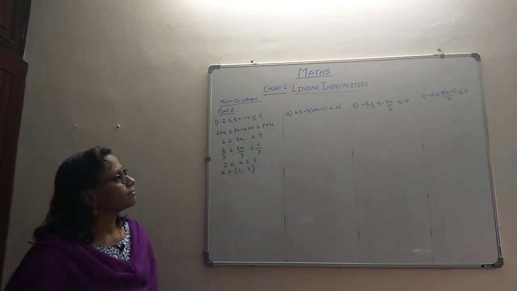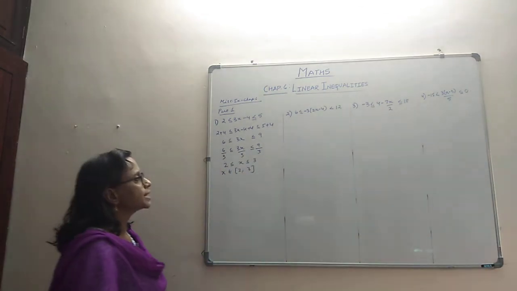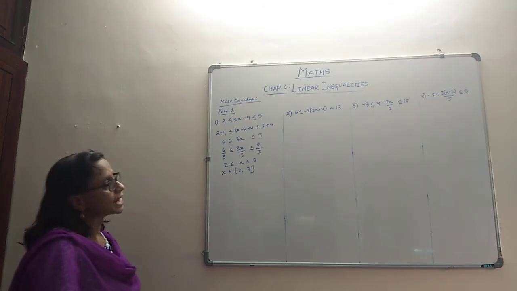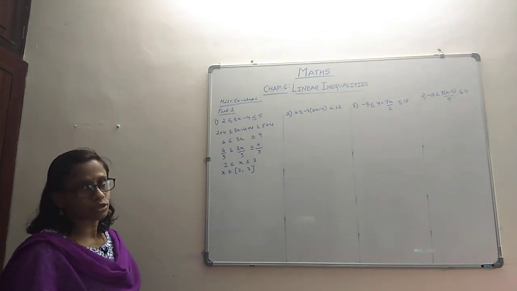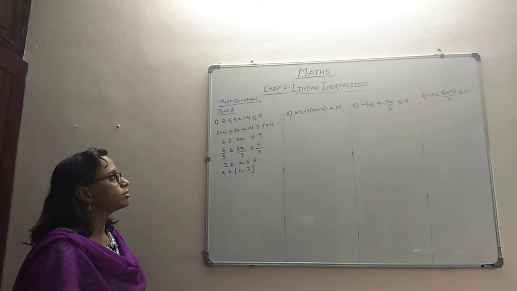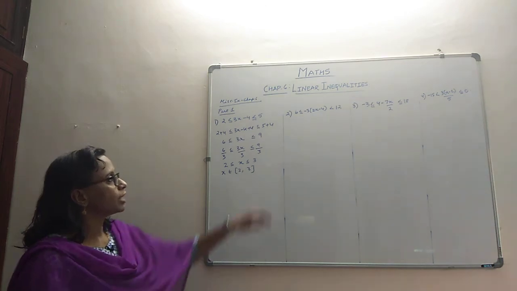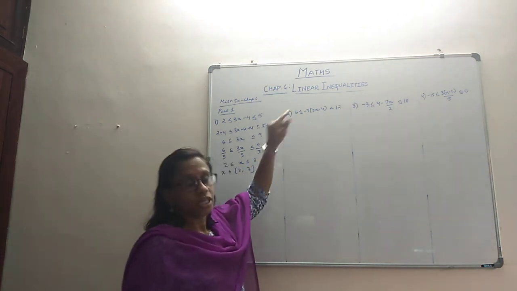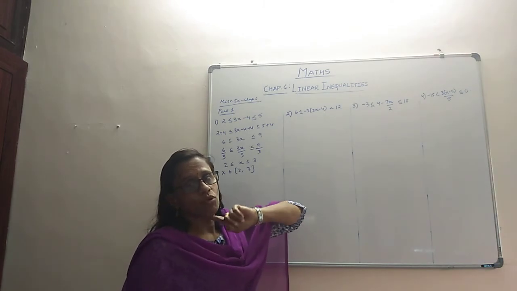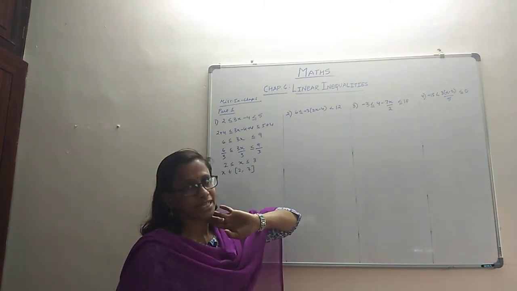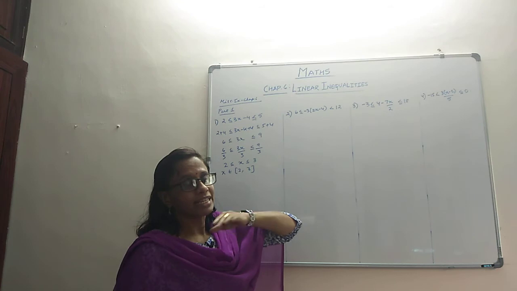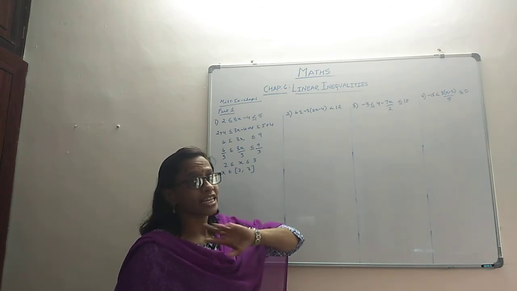Then we move to the second one, same way. 6 less than or equal to minus 3 times 2x minus 4 strictly less than 12. In order to get the value of x, first this minus 3 has to go away, so we divide throughout by minus 3. And we know division in an inequality by a negative will change the sign.